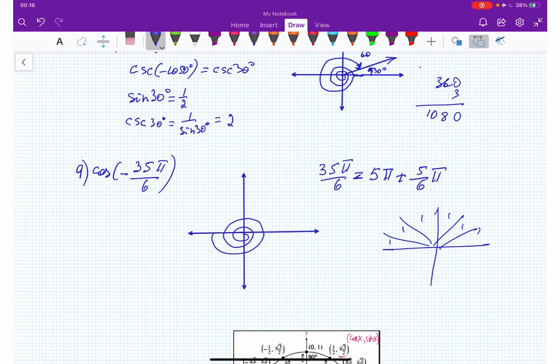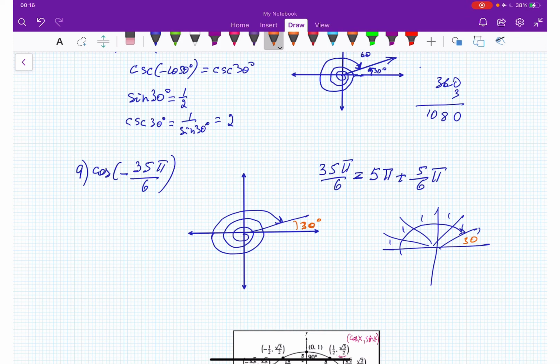So I will continue from here, coming all the way to here, right? It will come all the way through here. And this angle is going to be 30 degrees, yes? Because we broke 90 degrees down into 3 parts, 30 degrees.